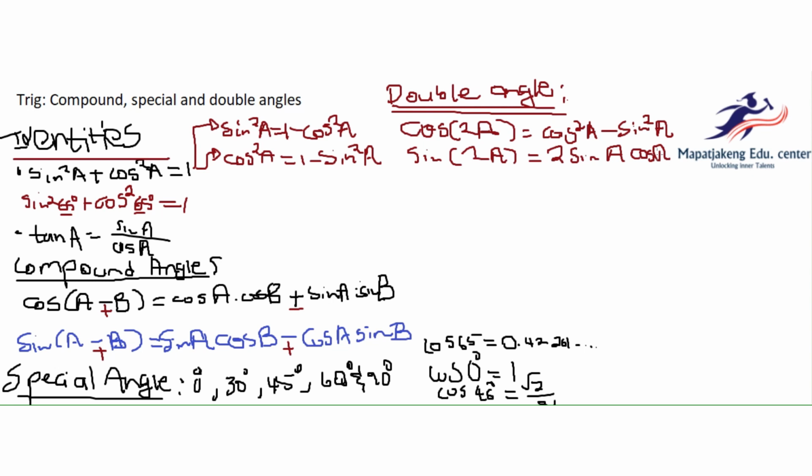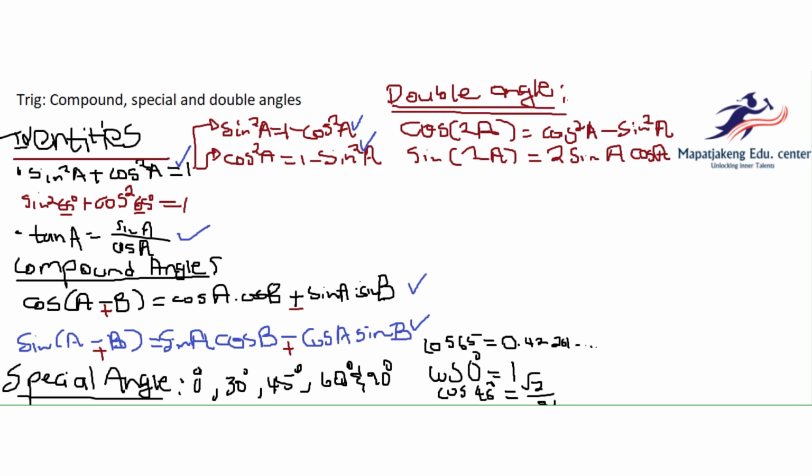You just have to know all these things, so that when you encounter them, you don't get into trouble. You need to know this one as well, that tan a is equal to sine a over cos a.